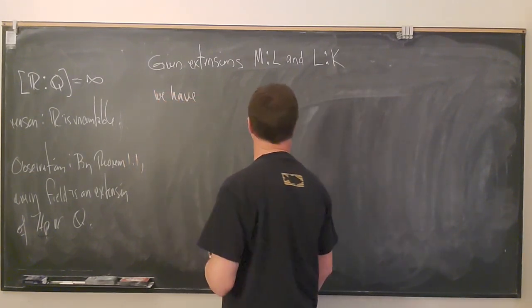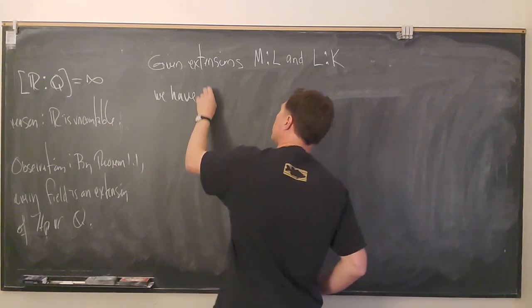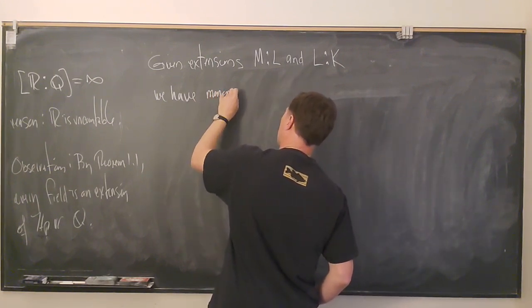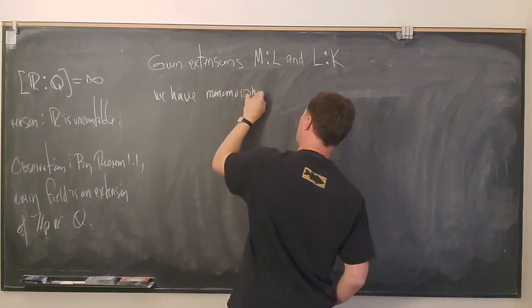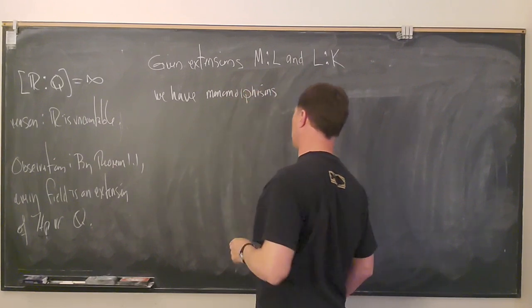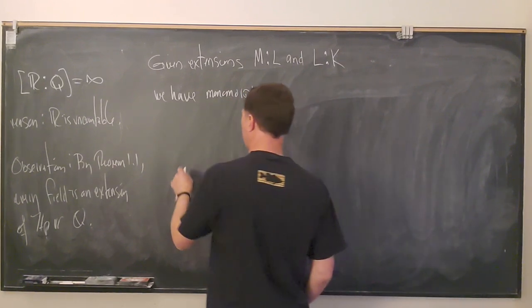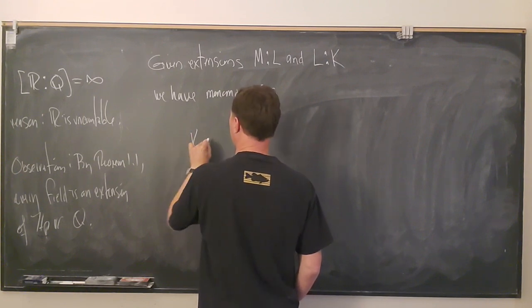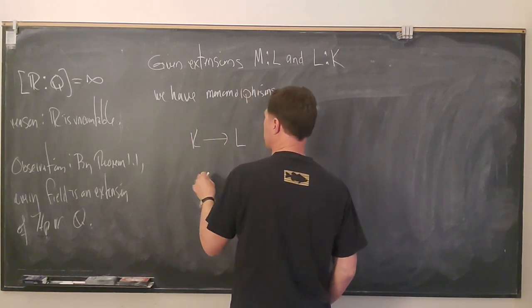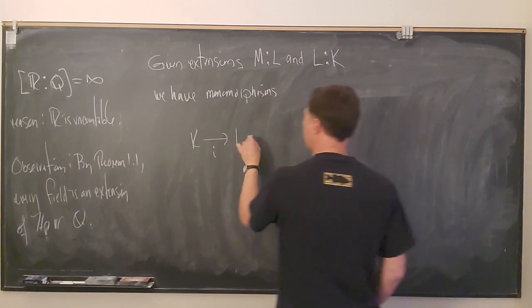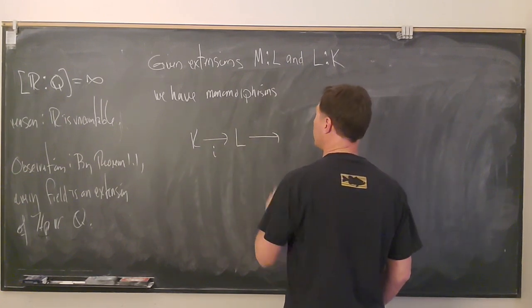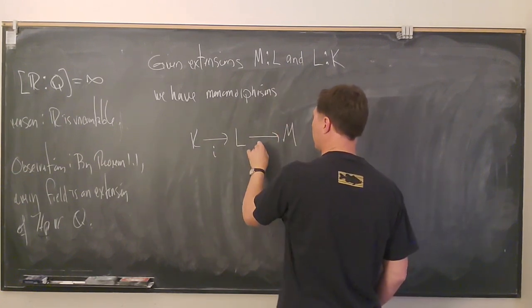Let me write a little diagram here. We've got K going into L, let's call that one i, and then we've got L going into M, let's call that one j.